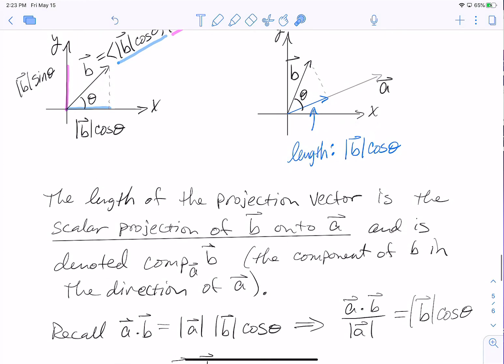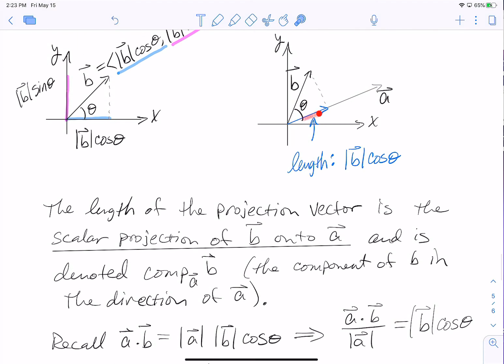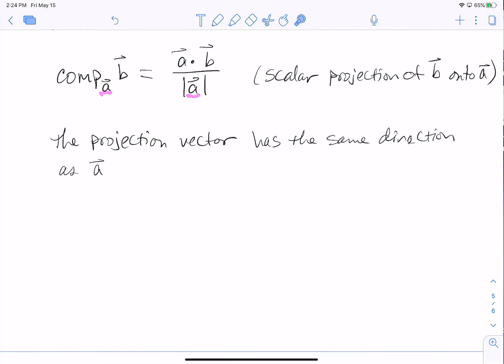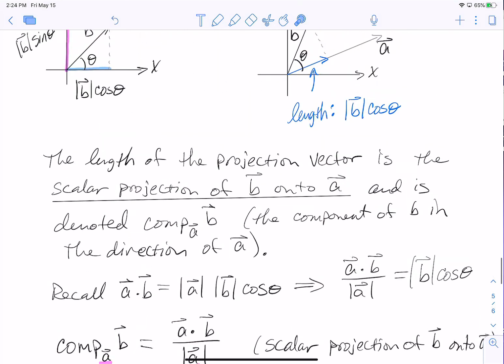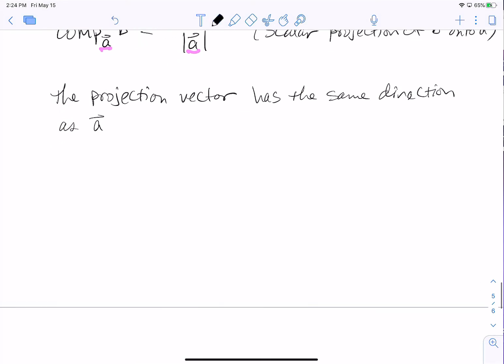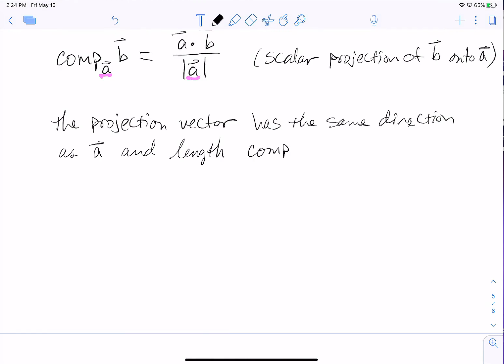If we go back and look though, there's an actual projection vector, right? And we have it in blue. The projection vector itself has the same direction as A. We can see that because it's lying on A, and its length is the component of B in the direction of A. This is written as projection of B onto A, so proj instead of comp.